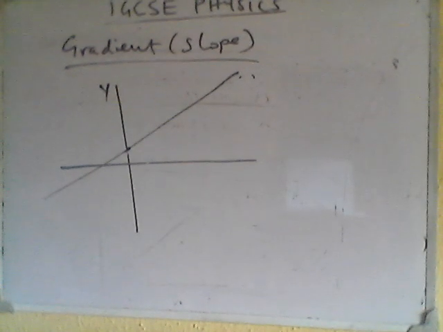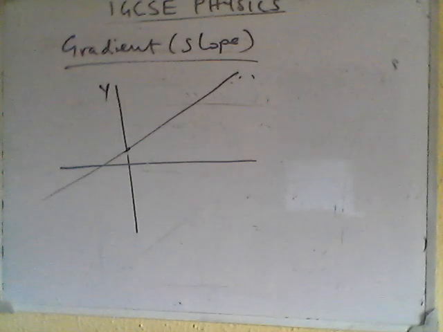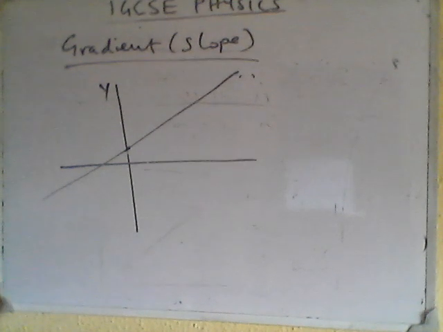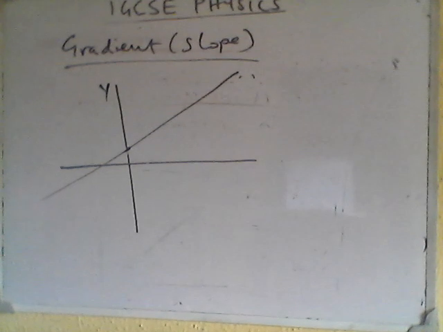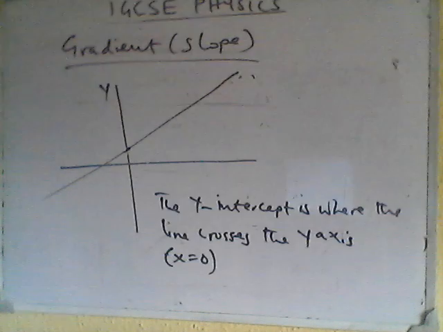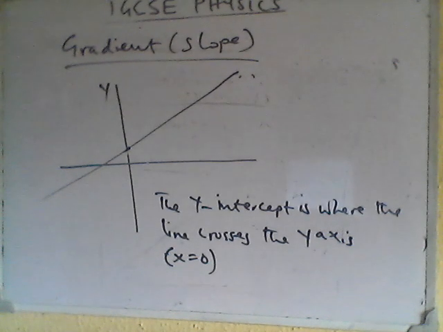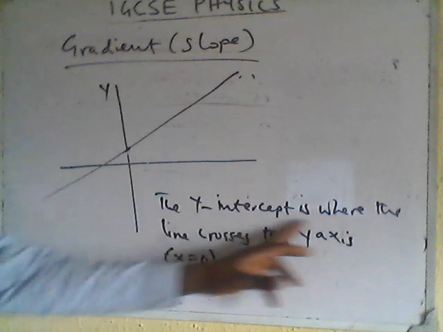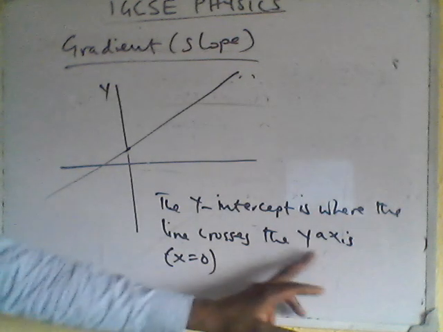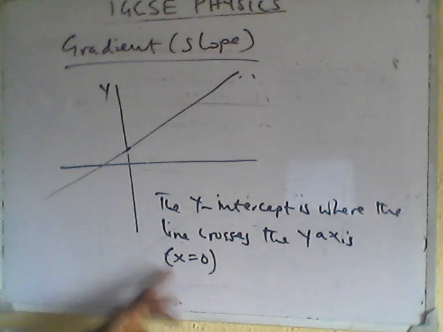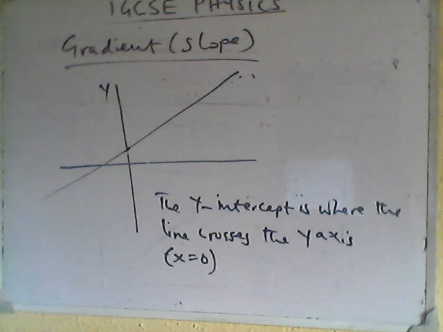It may represent an initial condition, e.g. initial velocity in a velocity-time graph. So again, the y-intercept is where the line crosses the y-axis. Here, x is equal to 0. That's the condition. Please take note of that.